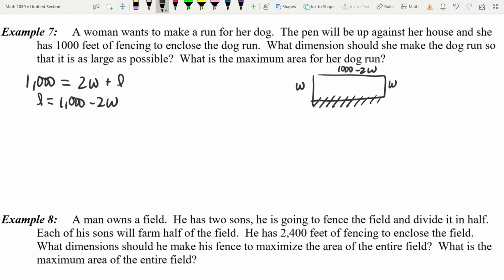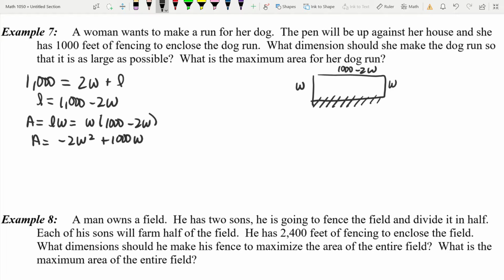Now let's find the area. So the area is the length times the width, which is the W times 1,000 minus 2W. So I know my area is going to be negative 2W squared plus 1,000W. I distributed and reordered in the same step.